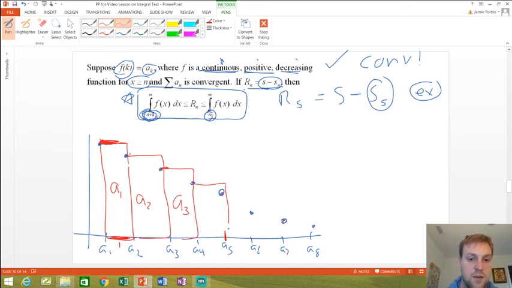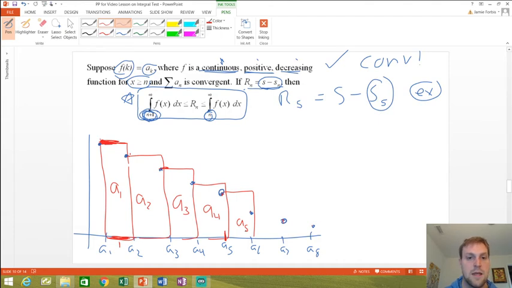This is a 4 right here, and this is a 5 right here. So if I were to do my partial sum, it's the value of all of those right there.